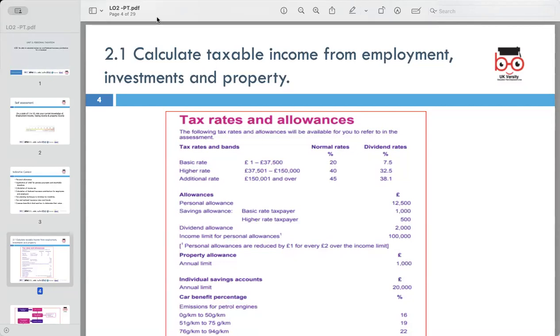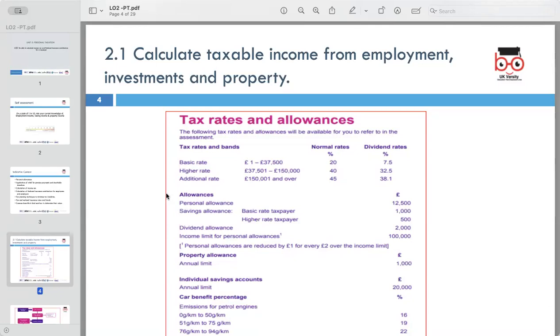So in calculating taxable income from various sources such as employment, investment, and property, we need to consider different tax rates and allowances. Let's break down the process step by step. Tax rates and bands: there are different tax bands for income, dividends, and savings.